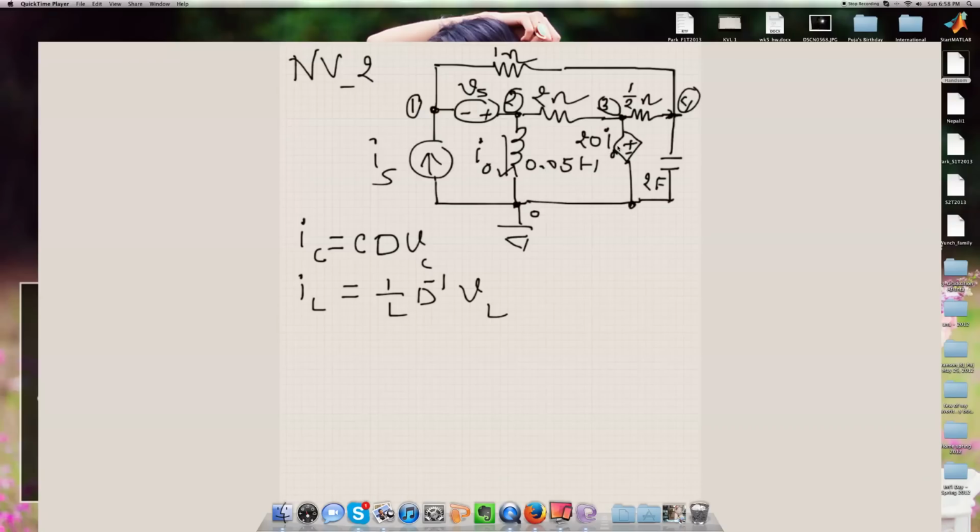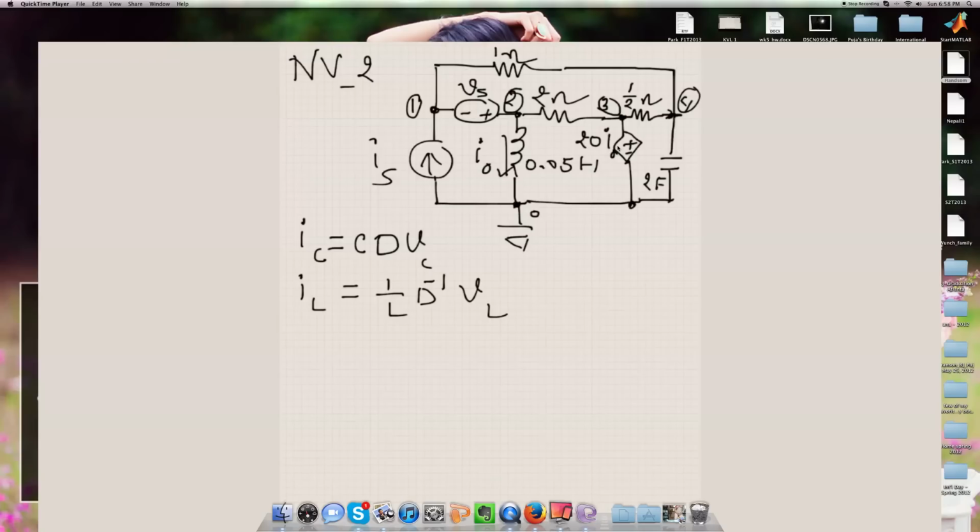Now we have to combine nodes 1 and 2 to make a supernode. But why is that? Because in node voltage method, we are checking the current along all these wires connected to a node. So if we do that to either node 1 or 2, we have a voltage source on its path and there is no way to tell how much current is flowing.